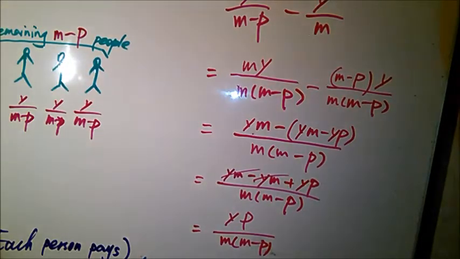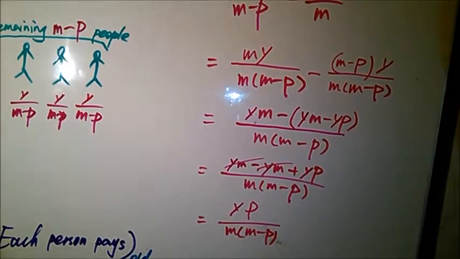And in your SAT book, if your answer was yp divided by m times m minus p, and you look at the answer section, you'll see choice A, y over m. Choice B will be y over m minus p. Then you see p over y, choice C, divided by m minus p, and D. And then when you get to E, you'll see p times y divided by m times m minus p. And you may say, oh, but my answer is y times p. Well, it's the same thing because you're multiplying.